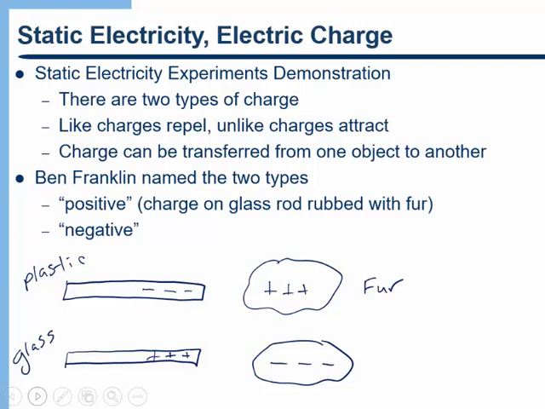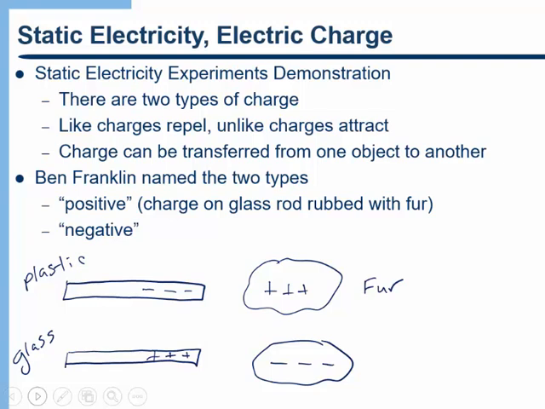Now, of course, Ben Franklin had no idea what was going on at the microscopic level. The electron wasn't going to be discovered for many, many years from when Ben Franklin was doing some of these types of experiments. So he just figured out that there were two types of charges and that like charges repel and unlike charges attract.